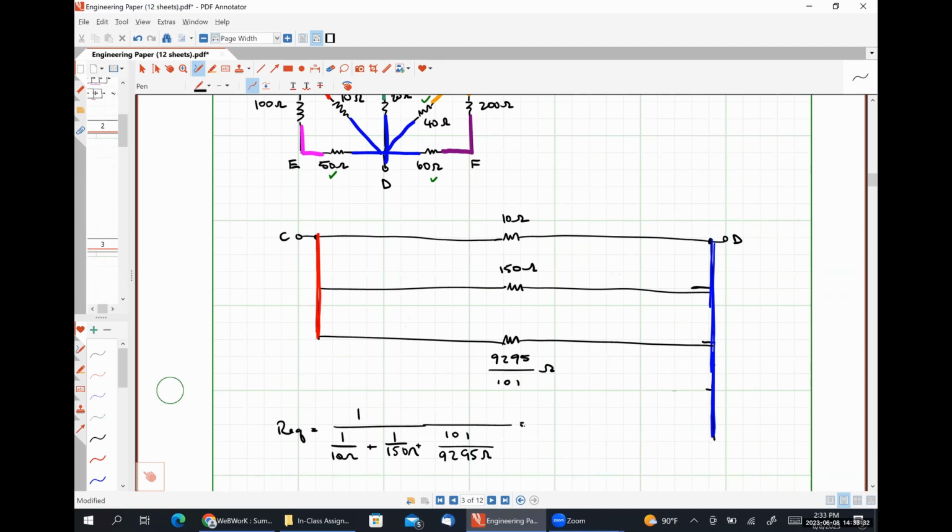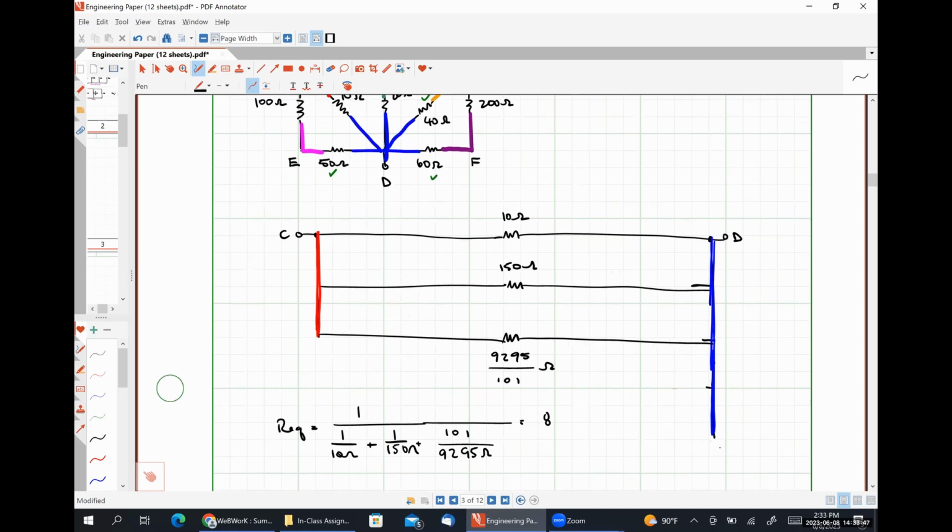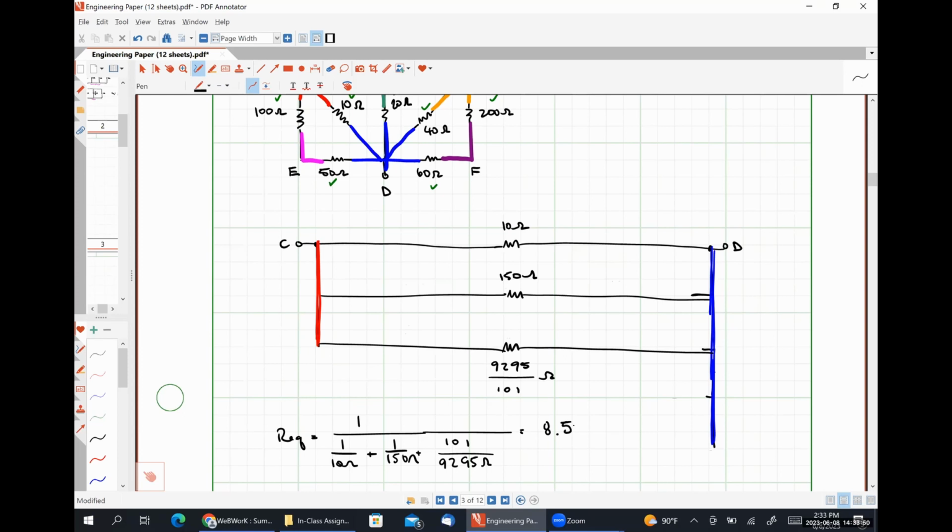And if I did this right, I get 8.508 and some change ohms as the equivalent resistance seen between, let me rewrite this, C and D.